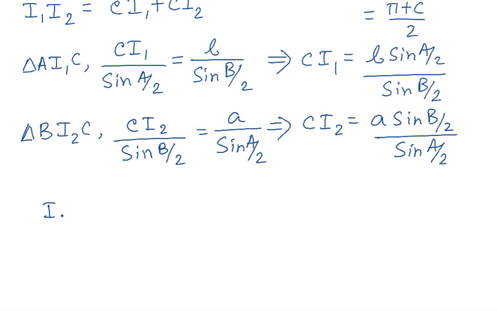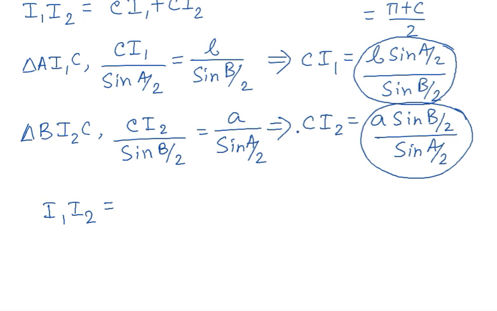So let's go for I1 I2 calculation. I1 I2 will come out to be the addition of this particular length and this particular length. Now we can see that it will be easy for us if we can convert everything in terms of angle, because this is an angle, this is an angle, so this is a side length. So better we can convert this to an angle also using the properties of triangles.